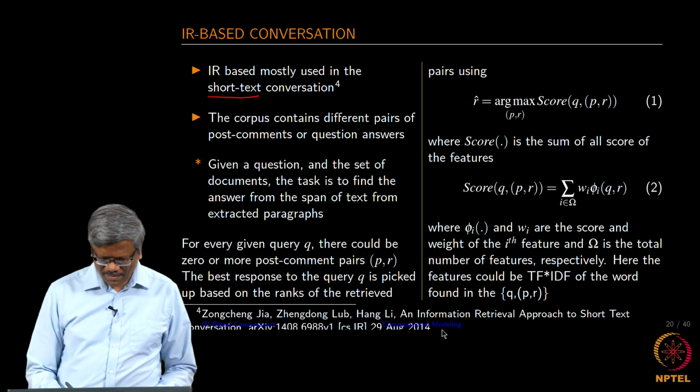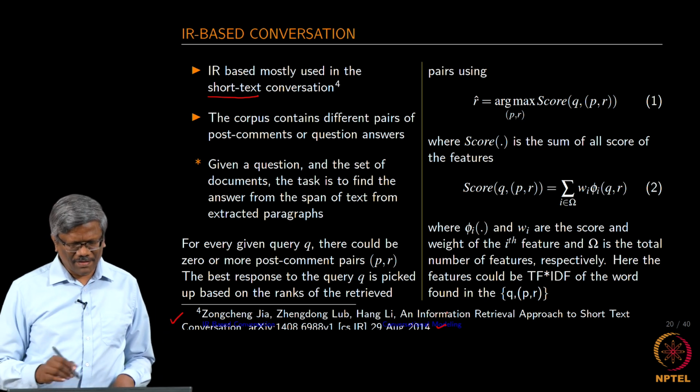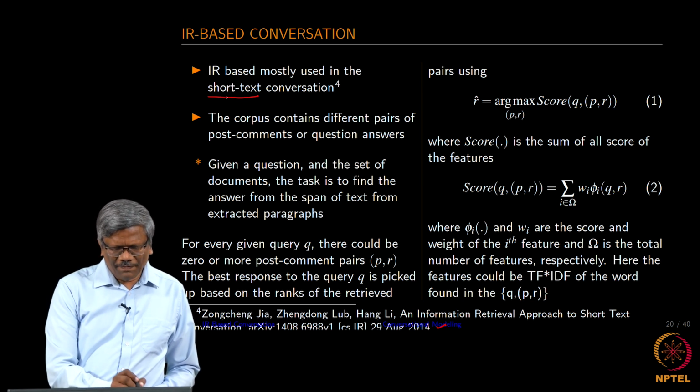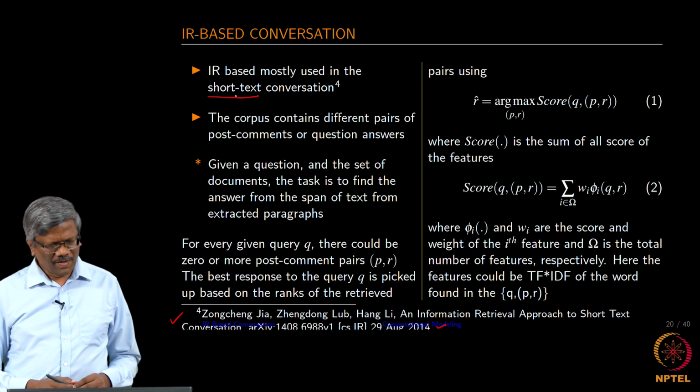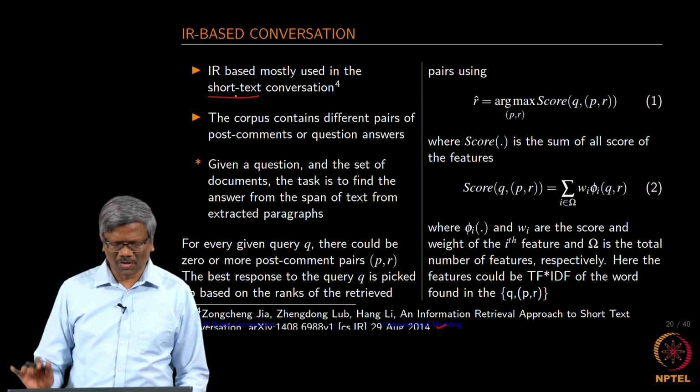Okay, this was published in 2014. Again, this is a research topic. So, we are going to be having a short text for the conversation modeling. There are about 2 or 3 steps involved in it, not beyond that.